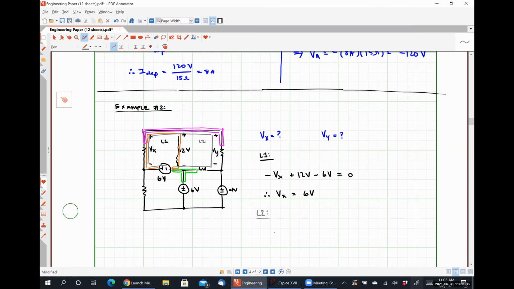So I'm just going to call it negative 6 volts plus Vy. And then I have that resistor, this guy right here, which doesn't have a known voltage drop over it.